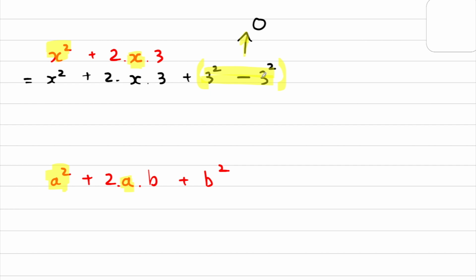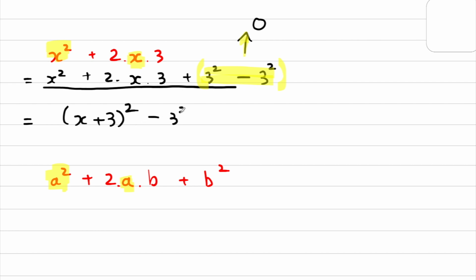After this writing, you can see that x squared plus 2x multiplied by 3 and plus 3 squared here is the form of a perfect square. Simplify this, you get x plus 3 squared, and the rest of the expression will be minus 3 squared.